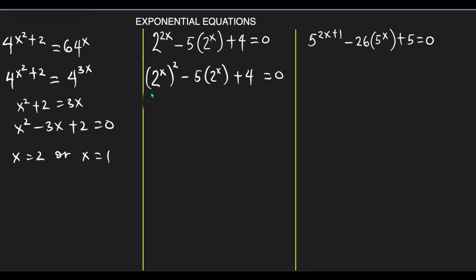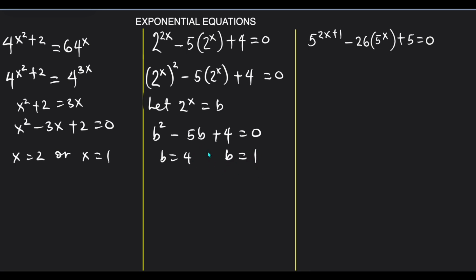We can see that there is an appearance of 2 to the power of x and 2 to the power of x here. So we can say let 2 to the power of x be equal to b. So we just replace 2 to the power of x with b. So this becomes b squared minus 5b plus 4 equals 0. On solving this, you have b equals 4 and b equals 1.